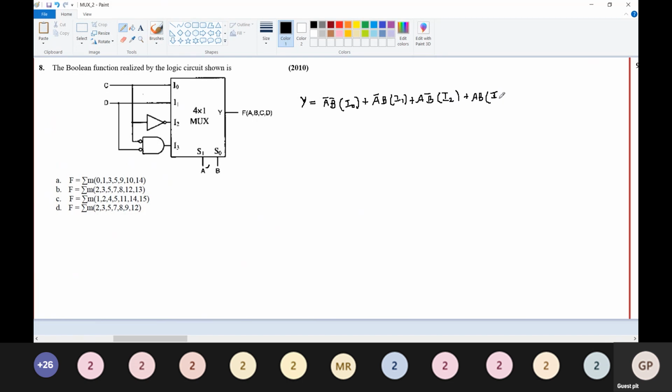This is the general expression for a 4:1 multiplexer.